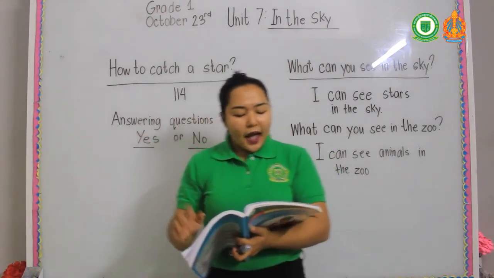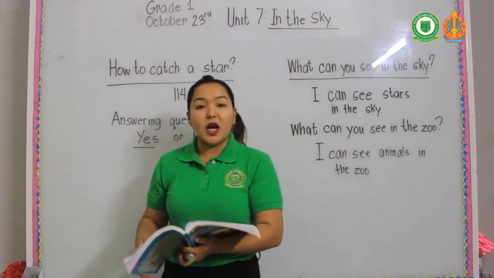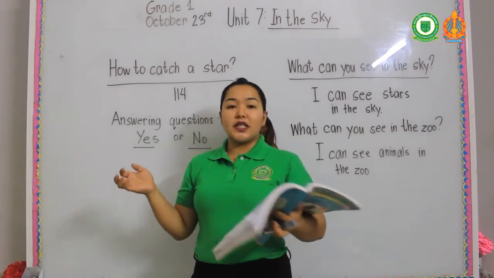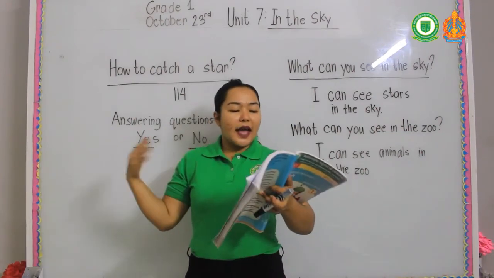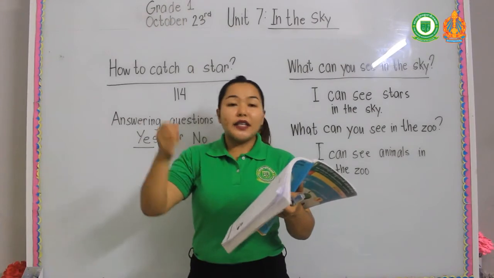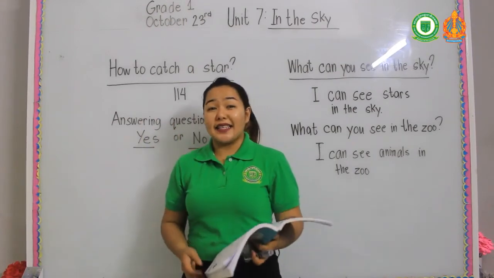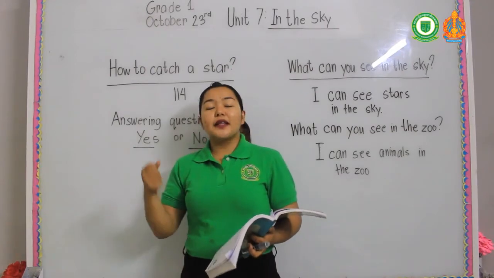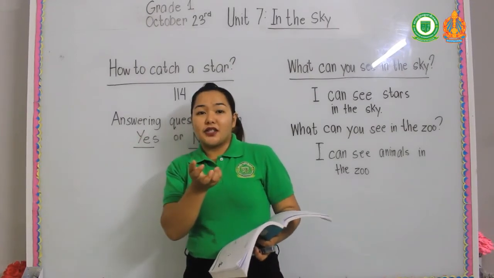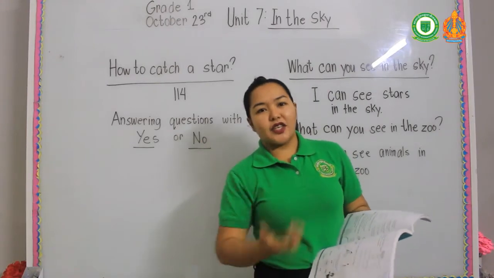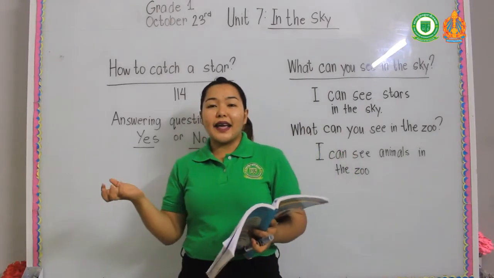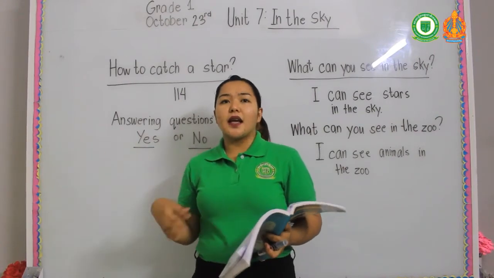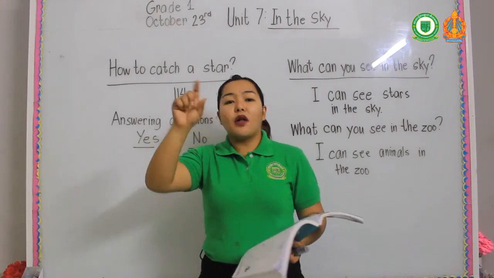Okay, next: How did he try to reach the star in the water? The answer is he tried to fish it out with his hands, meaning he tried to catch a fish with his hand. But he is actually trying to catch a star. But it's like catching a fish. Sometimes when we go play in rivers, lakes, ponds, there are very small fishes.